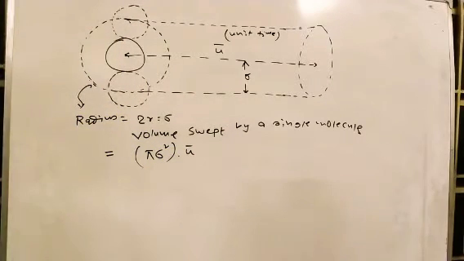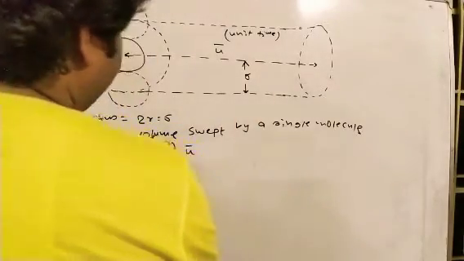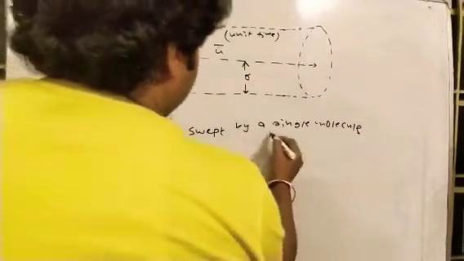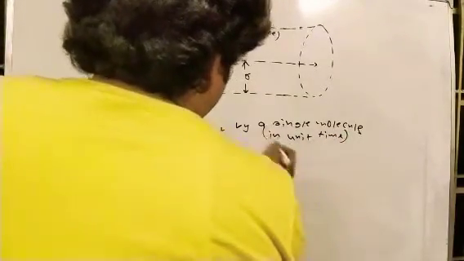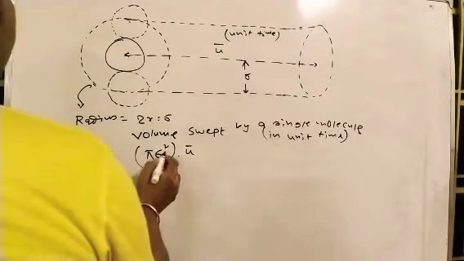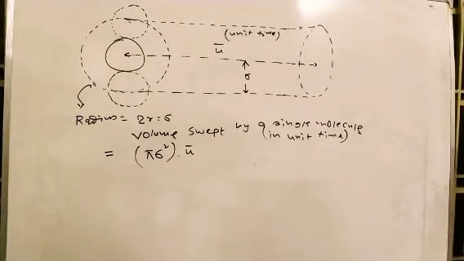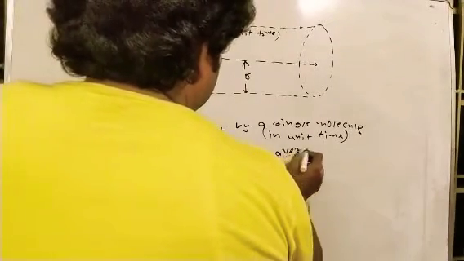So the volume swept by a single molecule in unit time is pi sigma square into u bar, where u bar is the average velocity.